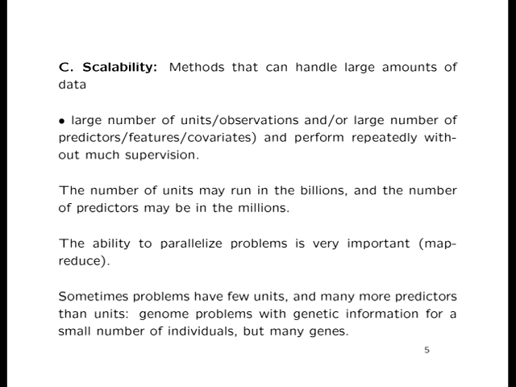For example, if you think of methods used in program evaluation, like matching methods, they can be very computationally intensive. And so there's been a lot of work trying to find methods that do almost as well theoretically, but that scale up much better. Locality sensitive hashing is one of the key ideas there.